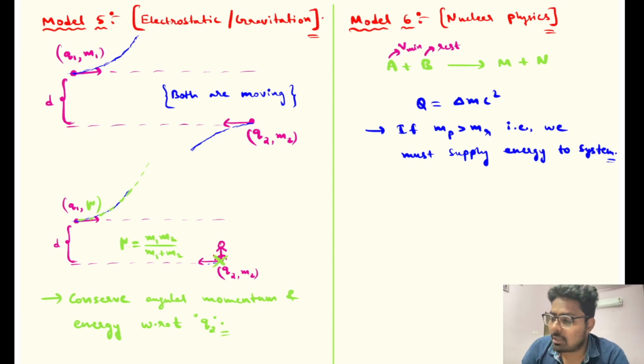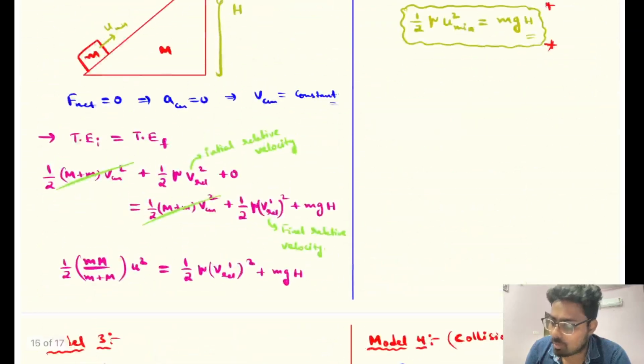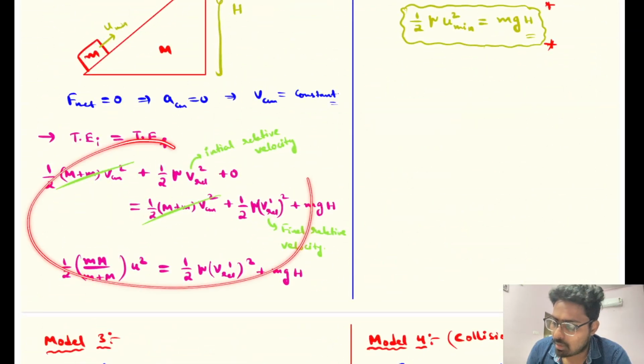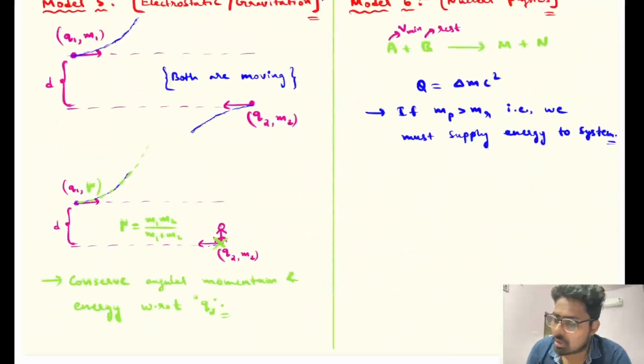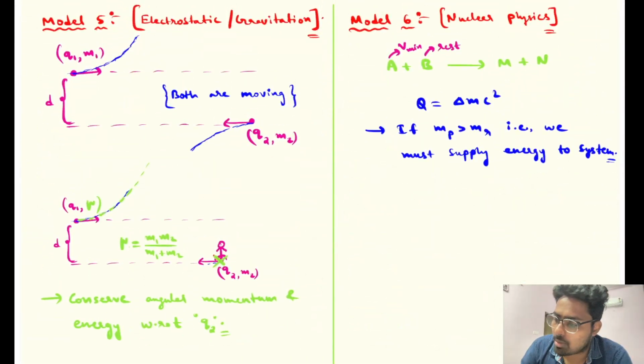So in general, the equation I should write uses the concept I told you earlier: total energy initial is equal to total energy final. What is the total energy initial?